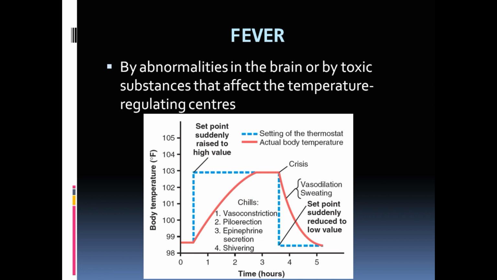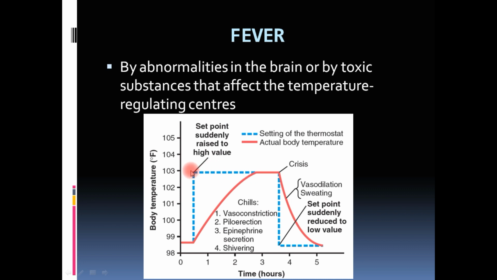If the set point temperature is raised to a higher level and the body temperature is lower, the patient will feel cool, and at that time all the mechanisms to regain the body temperature will set on. As you can see, shivering, which is a mechanism of heating during a cooler environment, epinephrine secretion, and vasoconstriction all help the body temperature to come back to the set point level.